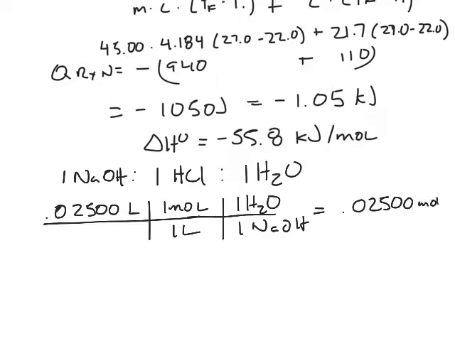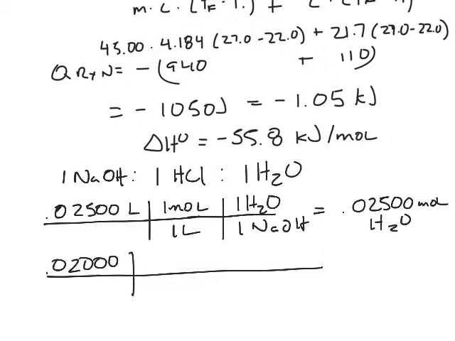So we would have made 0.025 moles of water. And the same thing for the HCl. I'm going to consider it just so that we can figure out which one's limiting reagent. You probably can guess because the stoichiometry is, again, so easy.